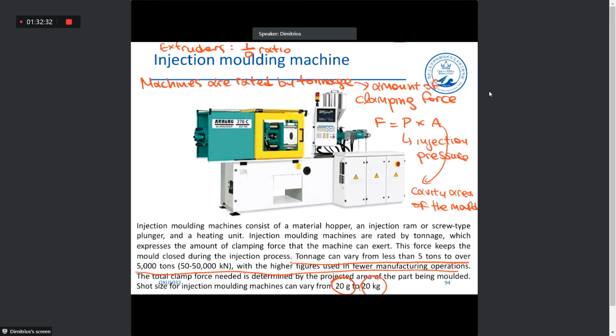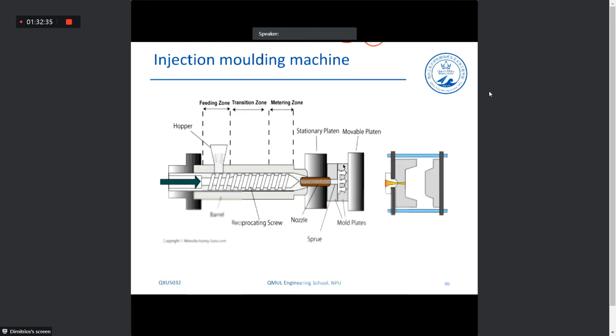So we feed the polymer, it's molten in this region, and essentially this screw goes back and forth, okay? When it goes to the front, it pushes our molten polymer to the mold, okay? This is a mold. So the polymer fills the mold here.